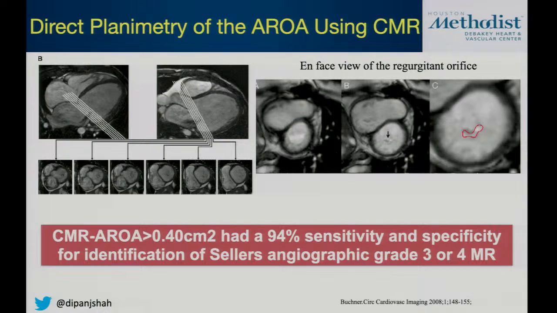Again, this is using our cine images, but we have to make sure that you've got several cuts that allow you to identify the regurgitant orifice for the mitral valve. An anatomic regurgitant orifice of more than 0.4 centimeters squared has fairly good sensitivity and specificity for grade 3 or 4 plus mitral regurgitation.